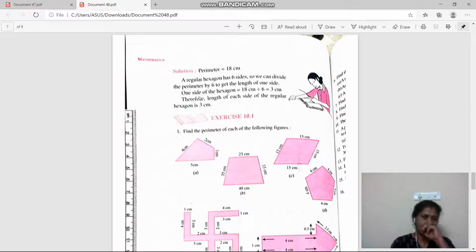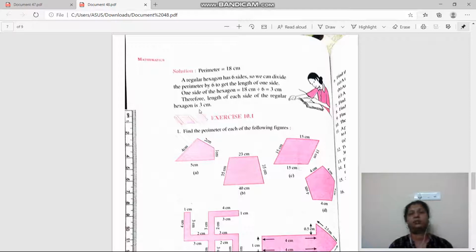So one side of a hexagon is equal to 18 divided by 6, that means the answer will be 3 centimeter. Therefore, the length of each side of a regular hexagon is 3 centimeter. Clear? So we have solved the examples of perimeter of rectangle, square, equilateral triangle, and regular polygons, right?